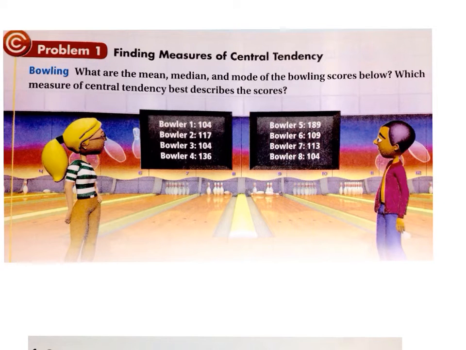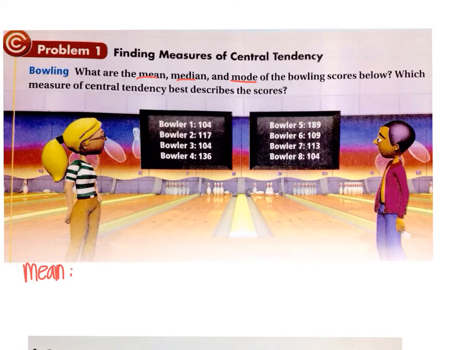Alright, so finding the measures of central tendency, we need to find the mean, median, mode of these scores. Which measure of central tendency best describes the scores? Alright, so for the mean, what you want to do is add them all together and divide by the number of numbers that's there.